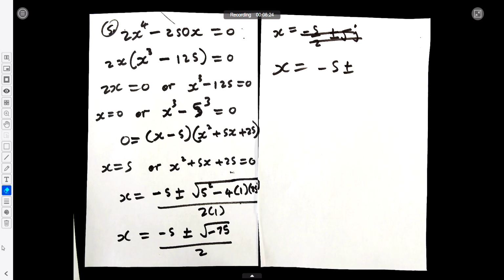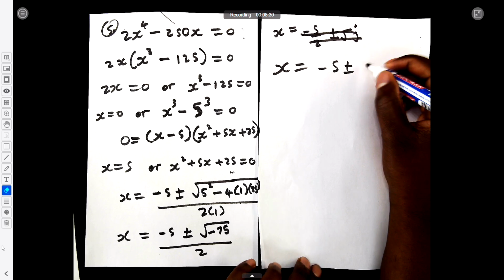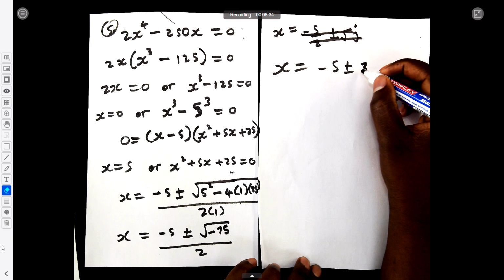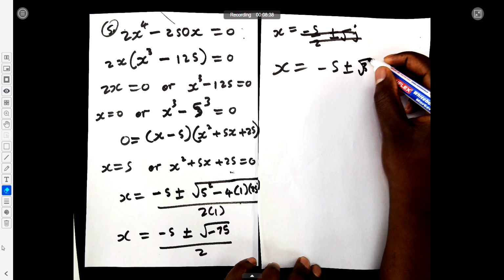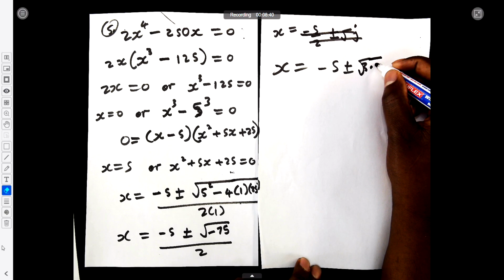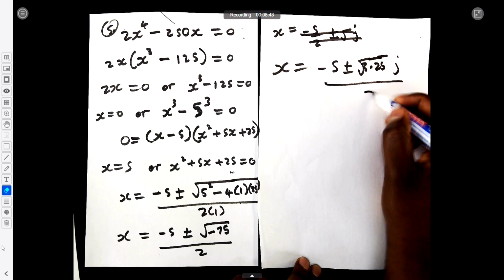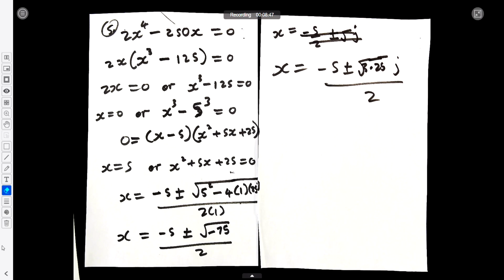So 3 times 25 gives us 75, right? You agree? So it means that we'll have 3 root 3. Therefore, let me say 3 times, I want to put in the 5. I want you to see this in terms of j, all divided by 2. I hope you still agree with me that it gives us 75.